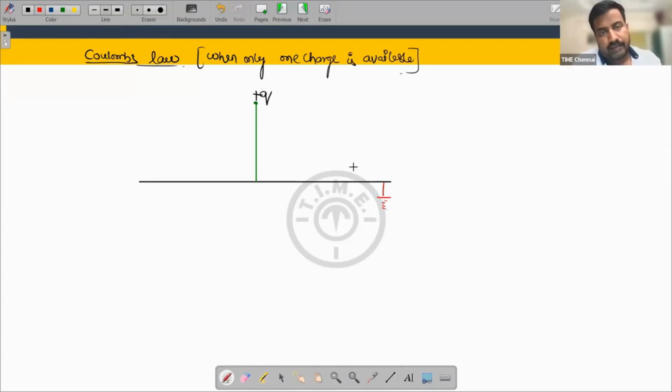And in these situations, we use a method called method of images.